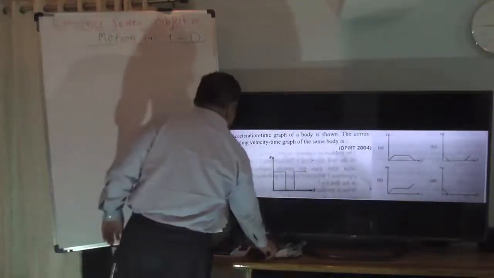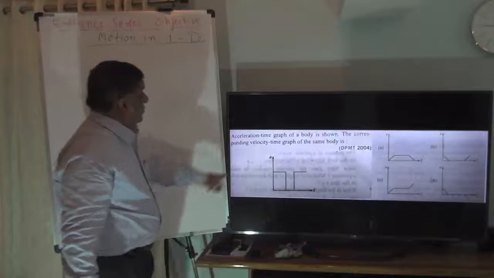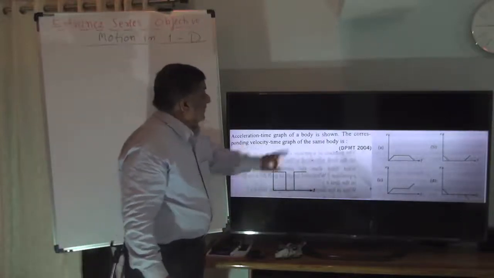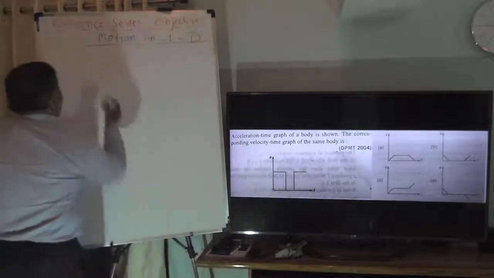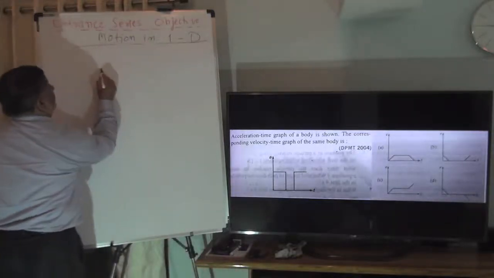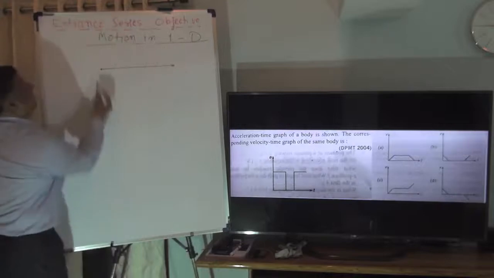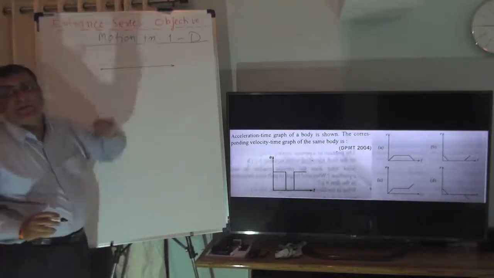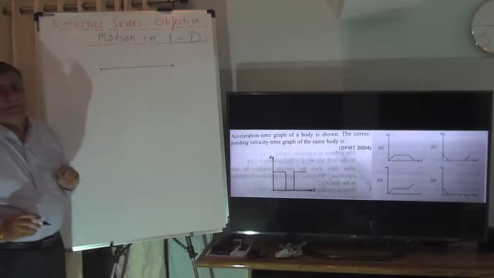Acceleration time graph of a body is shown here, and we have to show the velocity time graph. Okay, a body is moving in a straight line. This body has got certain velocity, and this velocity goes on changing.